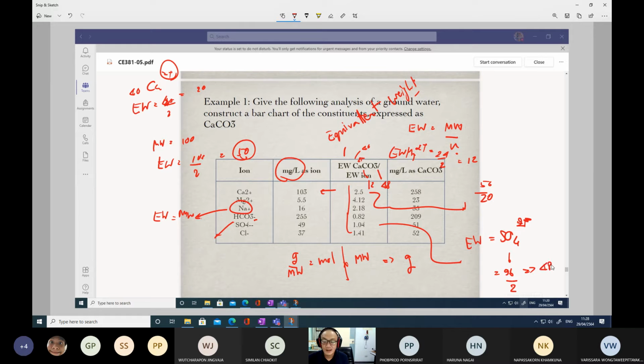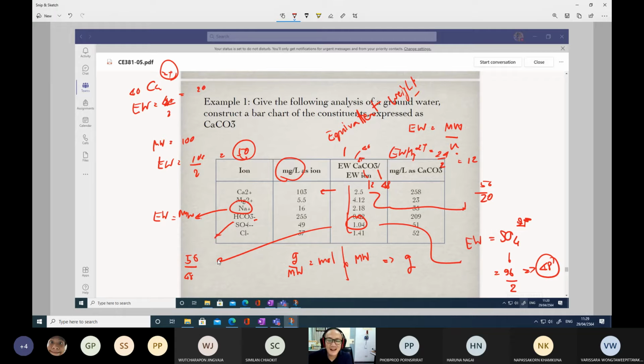That is why we are getting 48 equivalent weight. So for this one, equivalent weight of calcium carbonate is 50, then equivalent weight of the sulfate is just 48. That's why 50 divided by 48 equals 1.04.